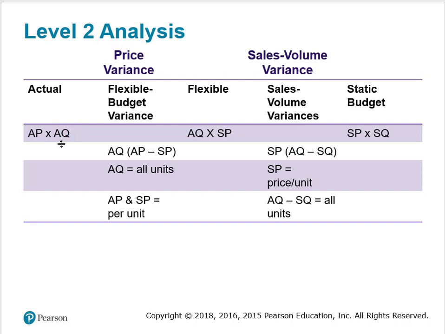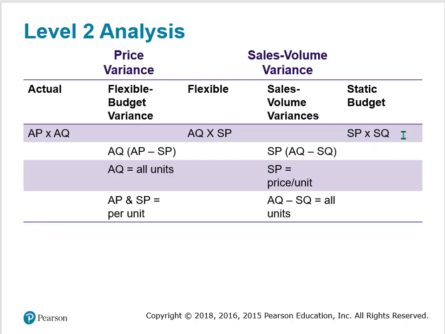Okay? Then take the actual quantity and repeat it right there to flexible. Flexible is actual quantity times the standard price. That's our flexible budget. Okay, so actual is actual quantity, actual price. Flexible is the actual quantity times the standard price. And then the far right side of it, the static budget, is standard price, standard quantity.